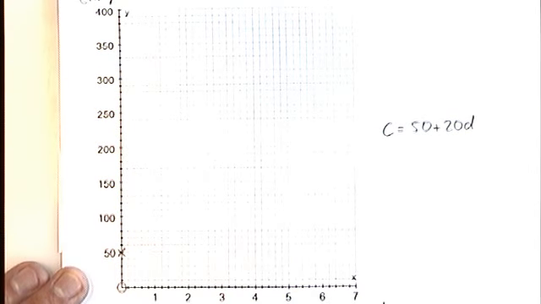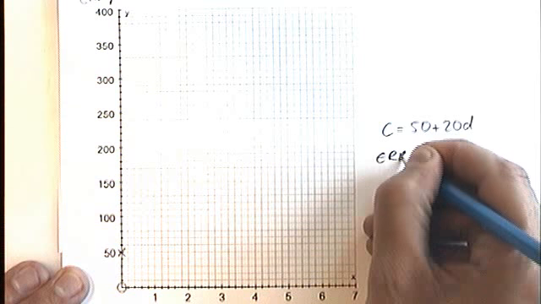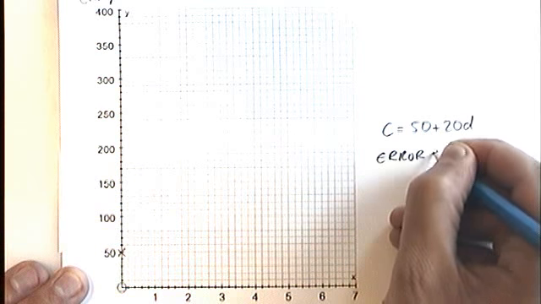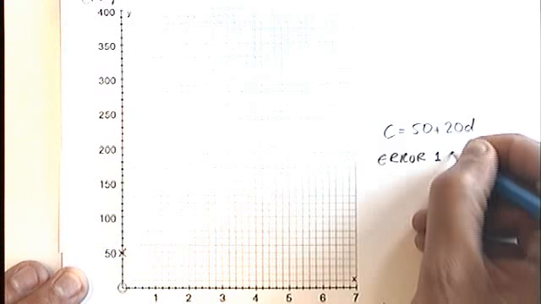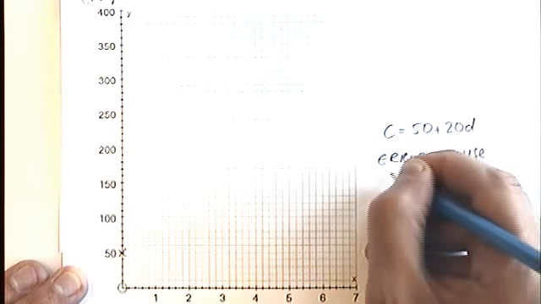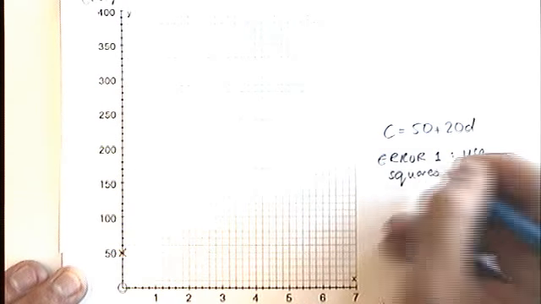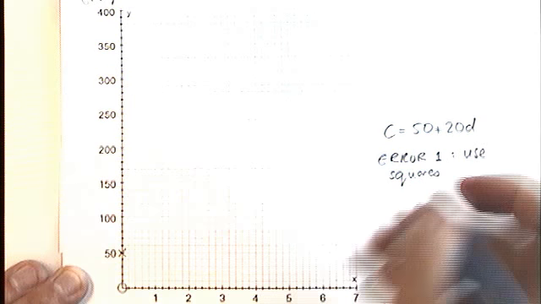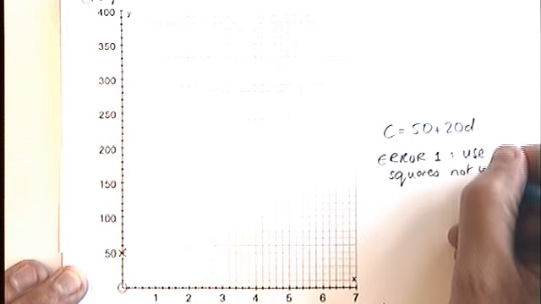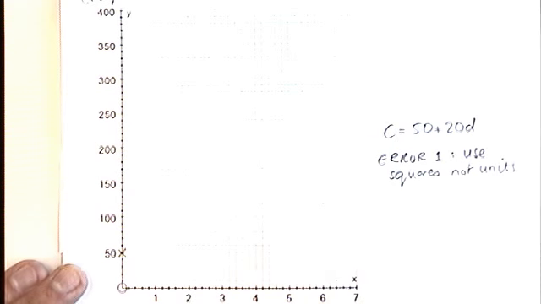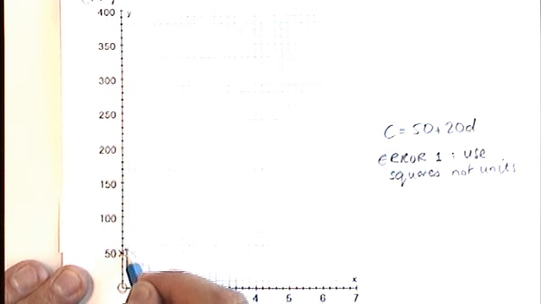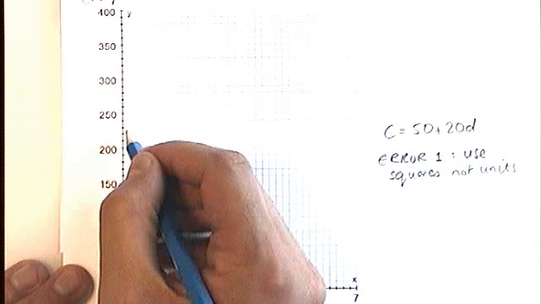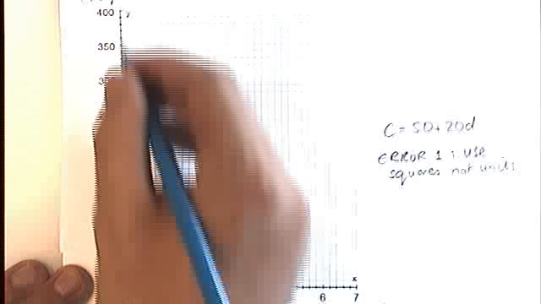Now, one common error number 1 is to use squares, not units. Okay, so if you were going to count the squares here, you would go 1 square along, 20 squares up, immediately you'd be up here, and then 1 square along and another 20 squares up.